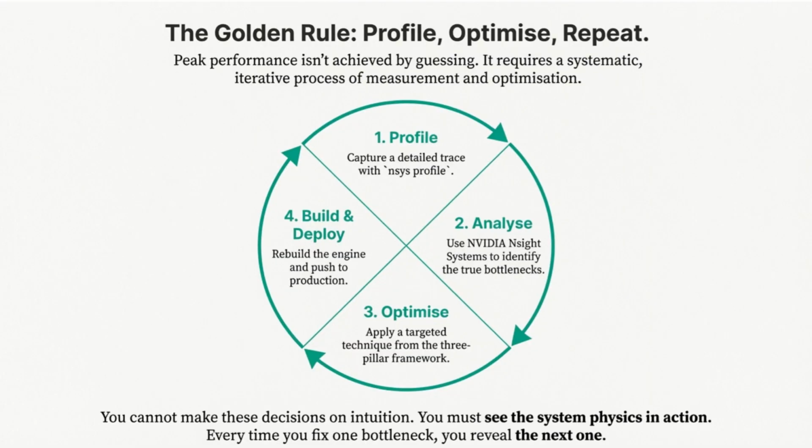Peak performance isn't achieved by guessing. It requires a systematic, iterative process of measurement and optimization. Here's the cycle. 1. Profile. Capture a detailed trace with NSY's profile. 2. Analyze. Use NVIDIA Nsight Systems to identify the true bottlenecks. 3.